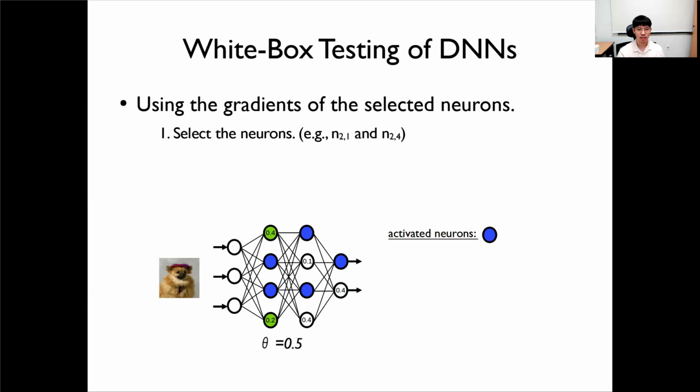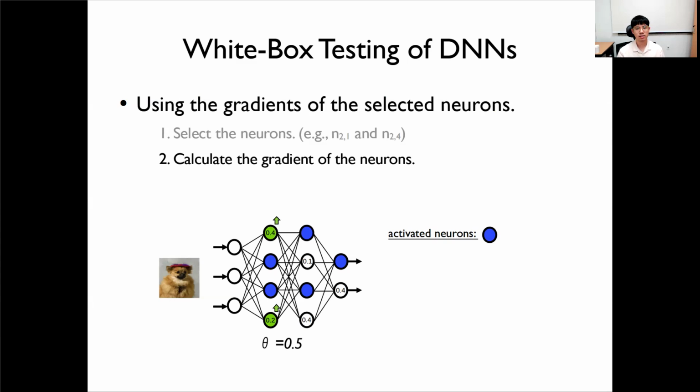So let me explain the simplified workflow of the white box testing method of DNNs. The workflow consists of 3 steps. First, it selects the neurons to activate. In this example, let's assume that the first and the fourth neurons at the second layer are selected.